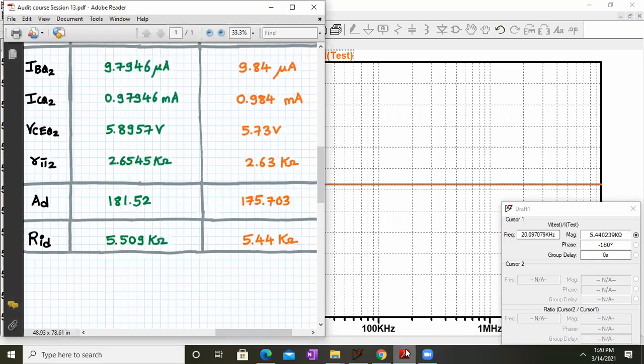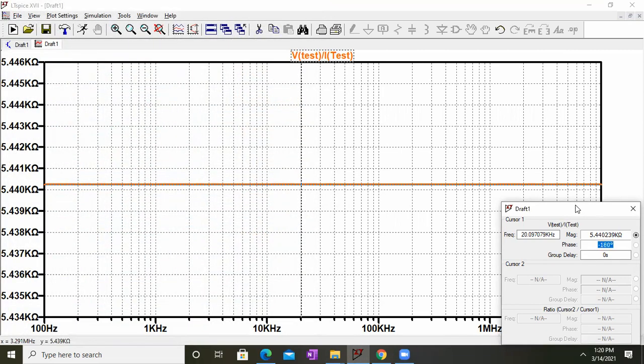Let's check that value by calculation. By calculation, the value of differential mode input impedance is 5.5 kilo ohms, and by simulation, it's coming out to be 5.44 kilo ohms. So this is the way you calculate the input impedance of the circuit.